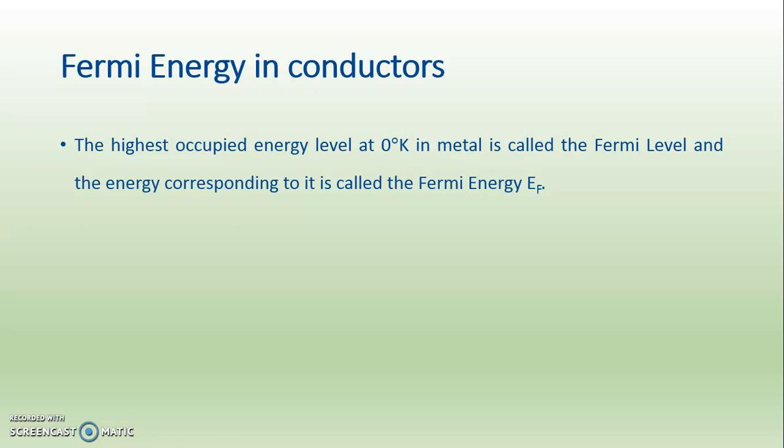The highest occupied energy level at 0 Kelvin in a metal is called the Fermi level, and the energy corresponding to it is called Fermi energy. See again, the highest occupied energy level means the outermost level.